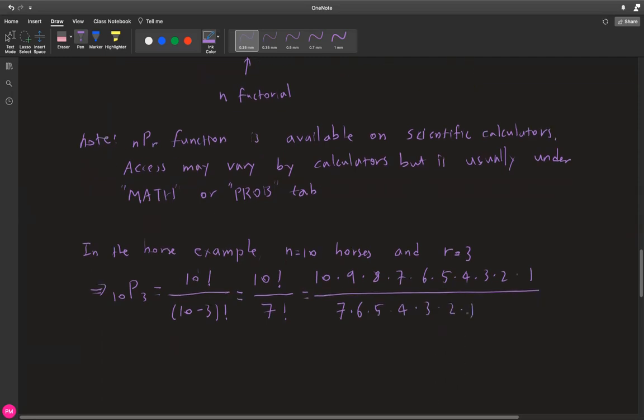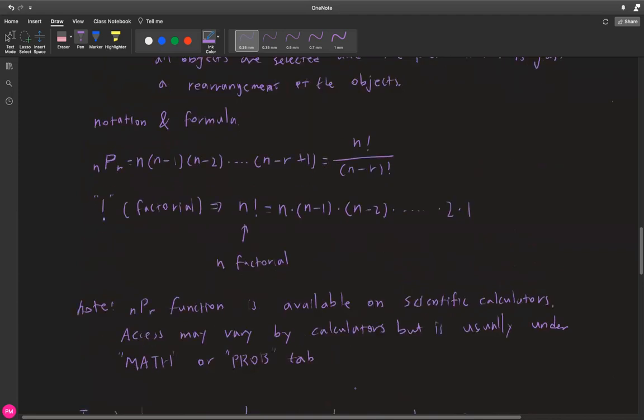Simply, you can cancel the same numbers: 2, 3, 4, 5, 6, and 7. And we're left with 10 multiplied by 9 multiplied by 8, which is 720, the same as what we had here.